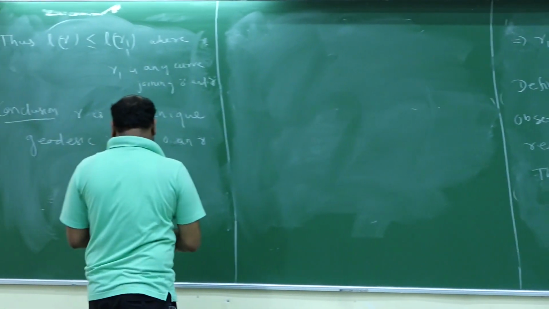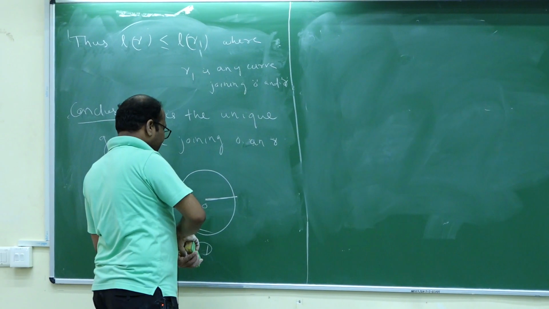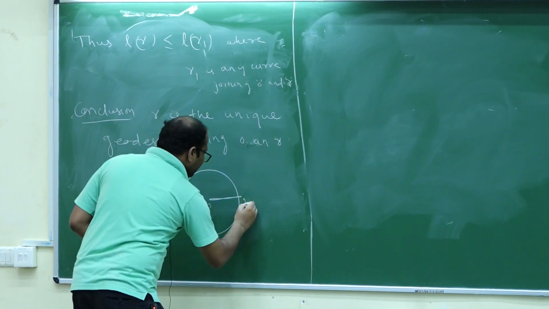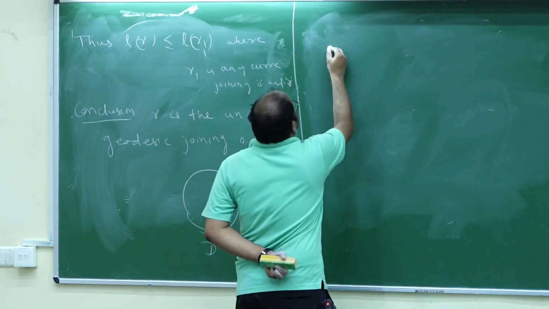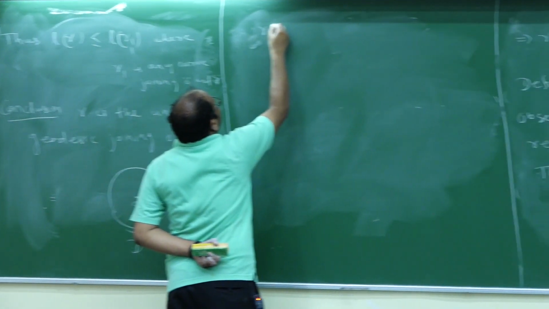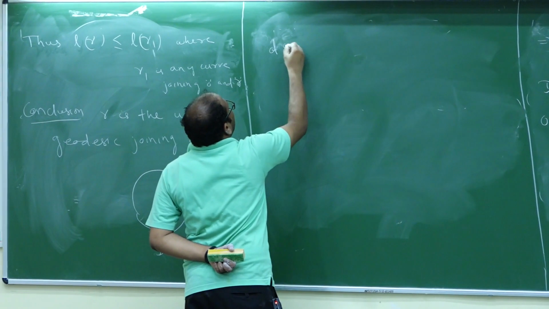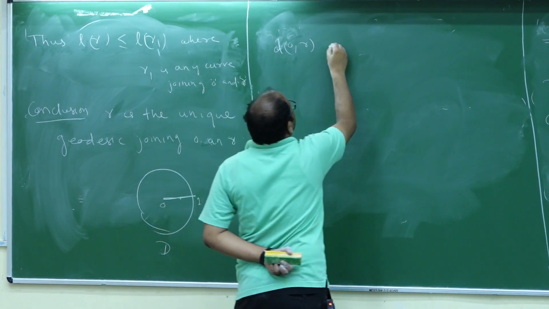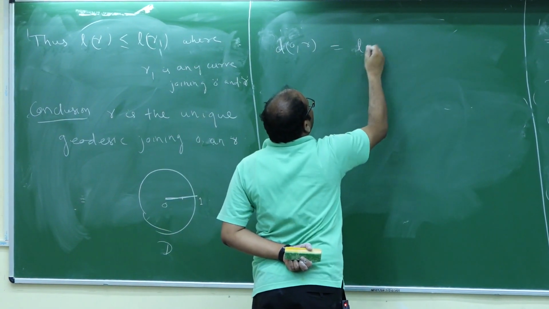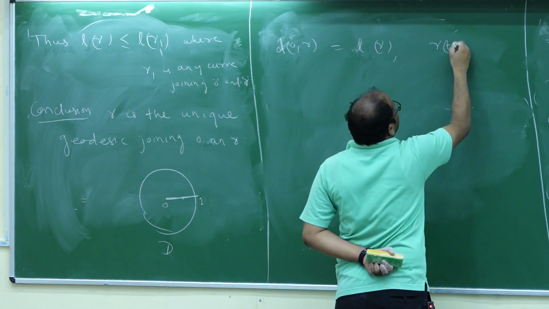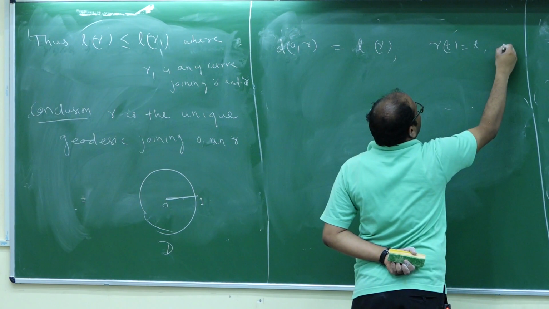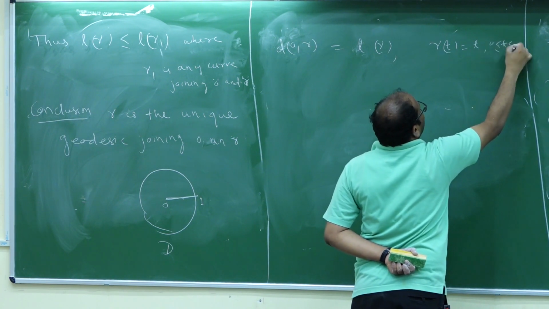What is the distance between 0 and r? This is the length of gamma, where gamma is this curve, gamma(t) equal to t, with t between 0 and r.